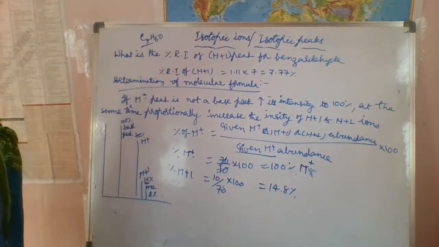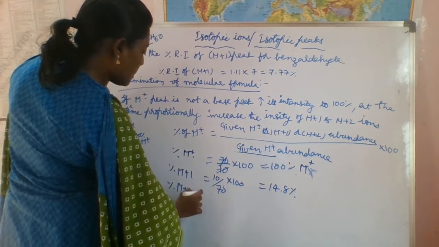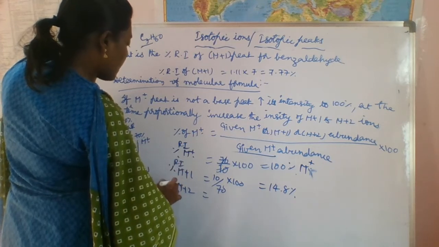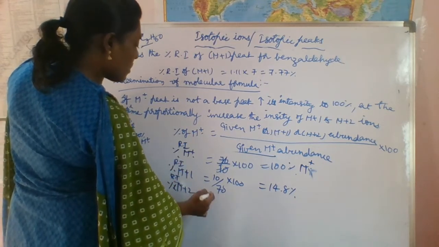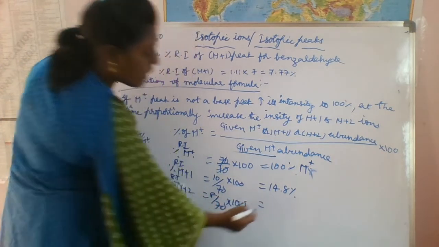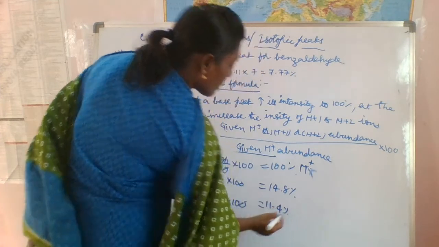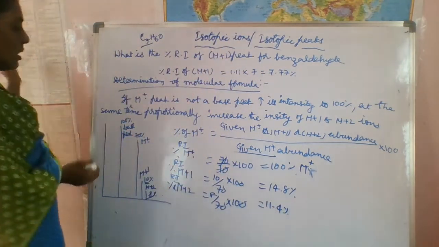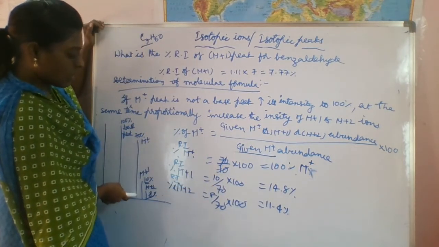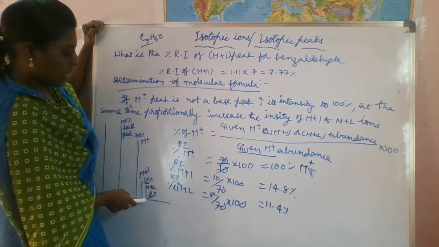And if you calculate the M plus 2 percentage, the percentage of relative intensity of M plus 2 ions, what is it here? 8 by 70 into 100, which gives 11.4%.